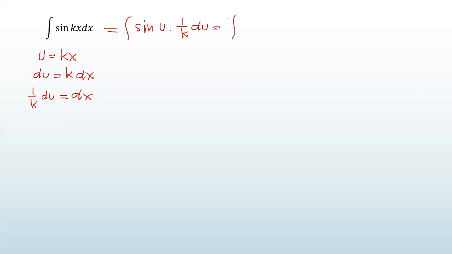If we write 1 over k in front of this integral, it becomes 1 over k times the integral of sine u du. Next it becomes negative 1 over k cosine u plus c. And the outcome is negative 1 over k cosine u plus c.